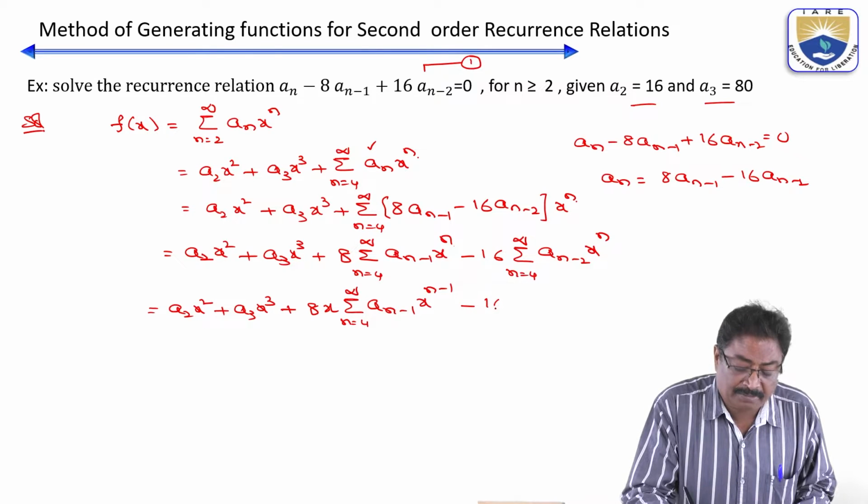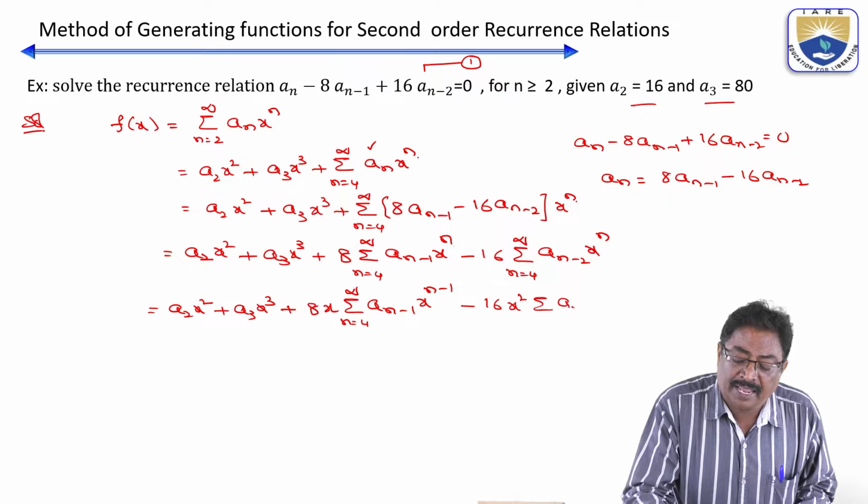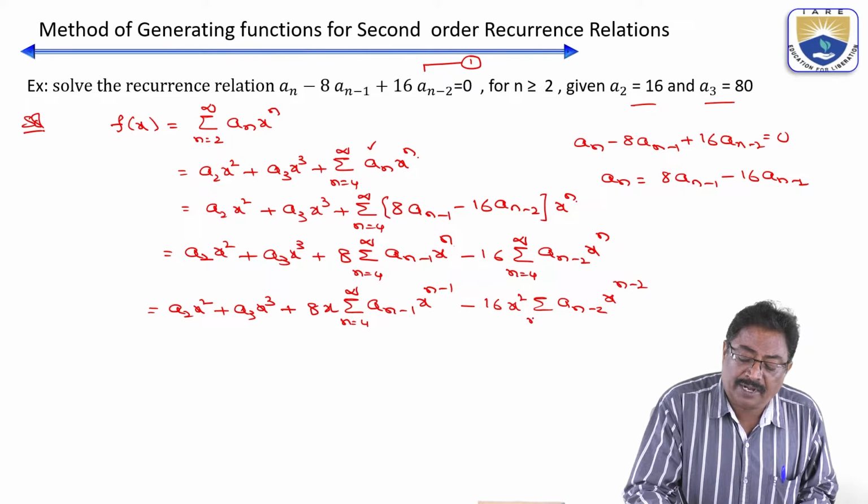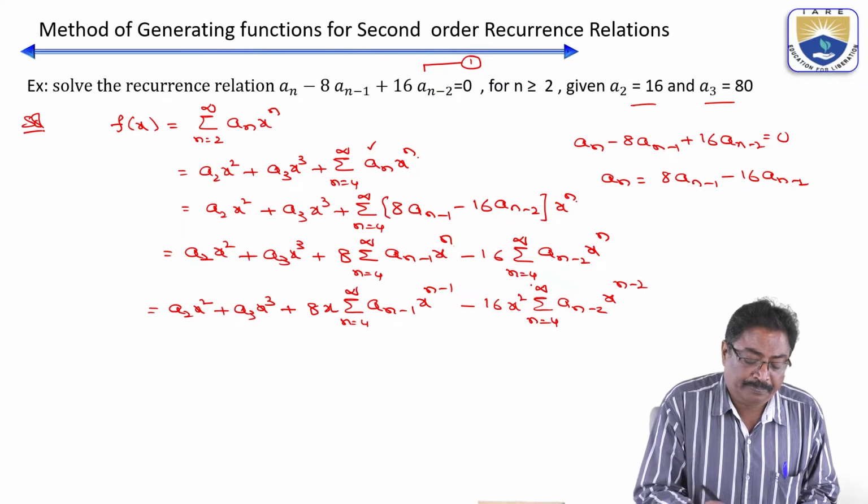Similarly here, I take 16 x square common, and then a n minus 2 x to the power of n minus 2, n equals 4 to infinity.